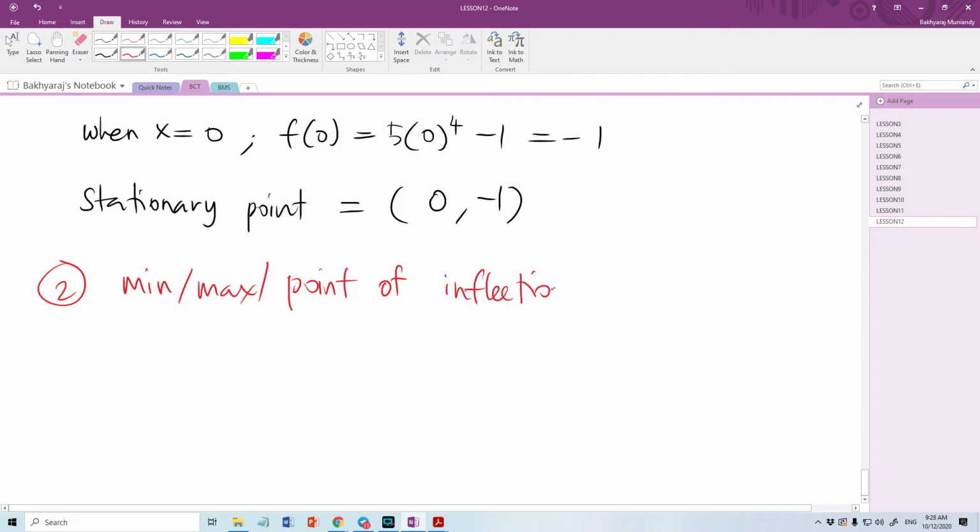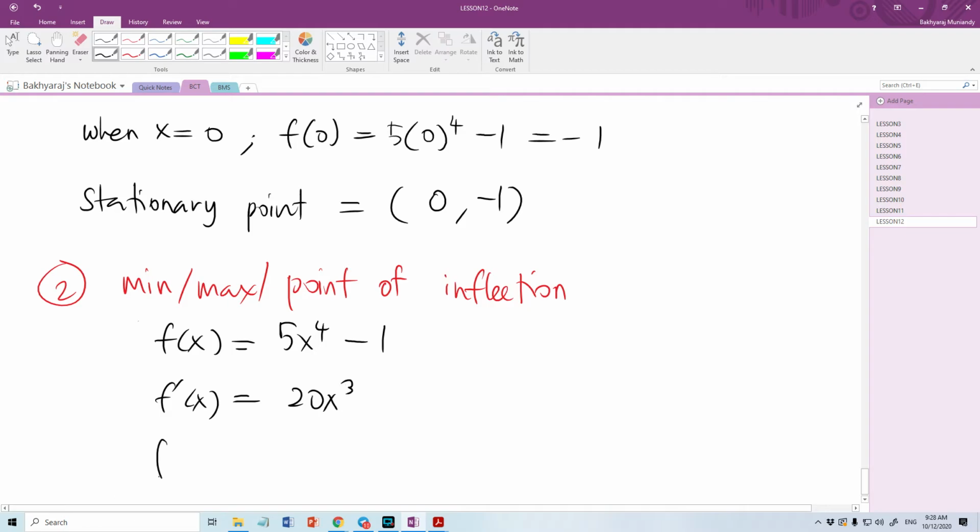So first, get the first order. So function is actually 5x power of 4 minus 1. The first order just now is actually 20x power of 3.